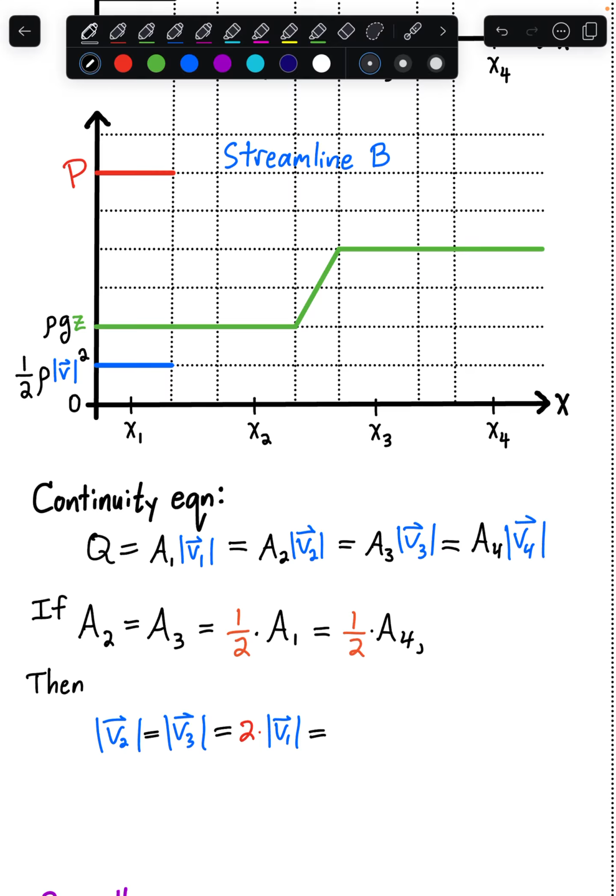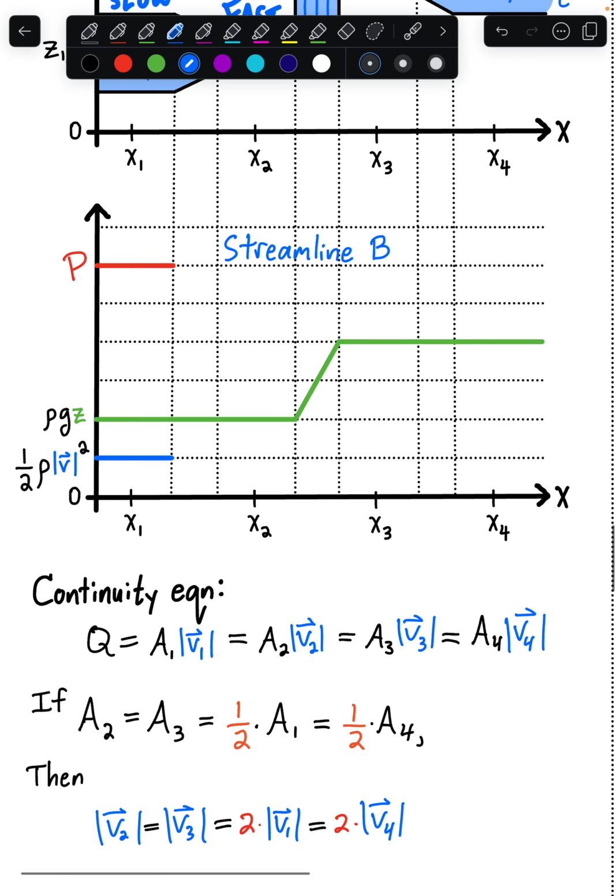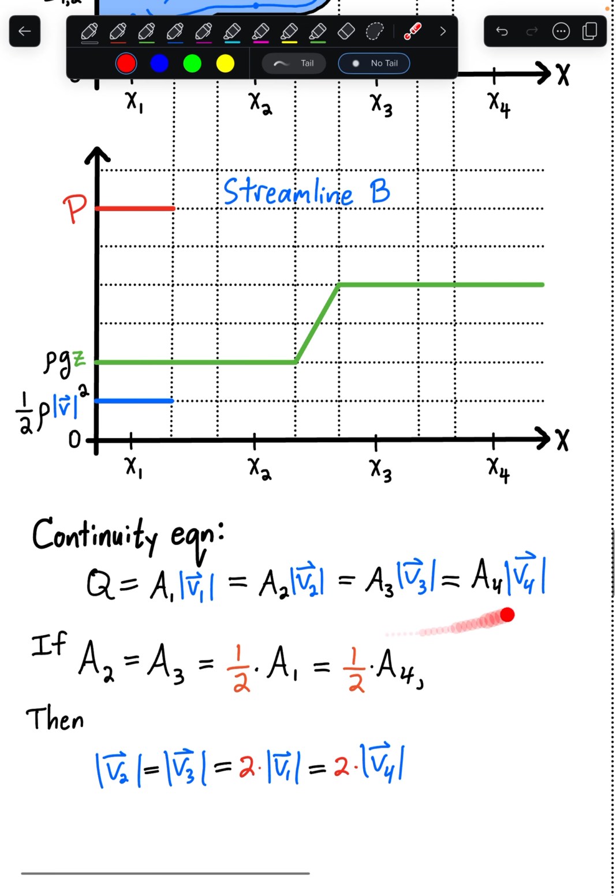Since if the cross-sectional area goes down by a factor of 2, then the speed of the fluid is going to have to go up by a factor of 2, according to our continuity equation.